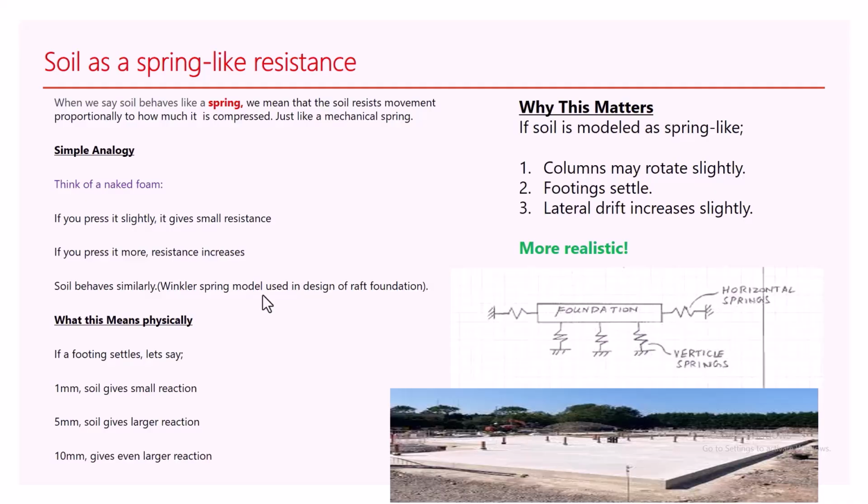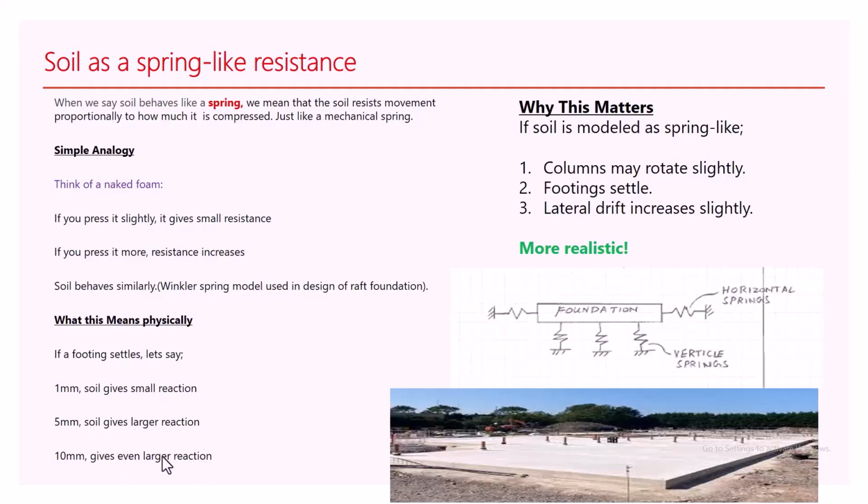So we are trying to relate it now to our foundation, for example, the footing. If a footing settles, let's say the footing settles 1 mm, the soil gives a small reaction. When you increase the settlement, you see that we have larger reactions.